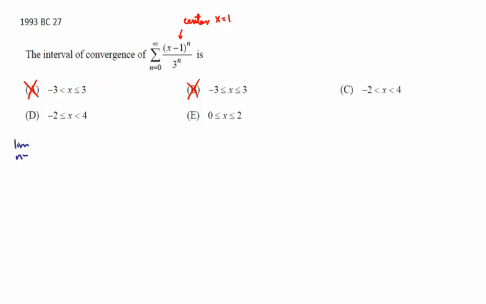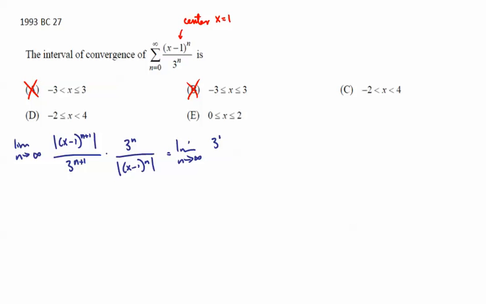Limit as n approaches infinity of absolute value x minus 1, we need the n plus first term, over 3 to the n plus 1, then times the reciprocal of the nth term, absolute value of x minus 1 to the nth. Right? Limit as n approaches infinity.